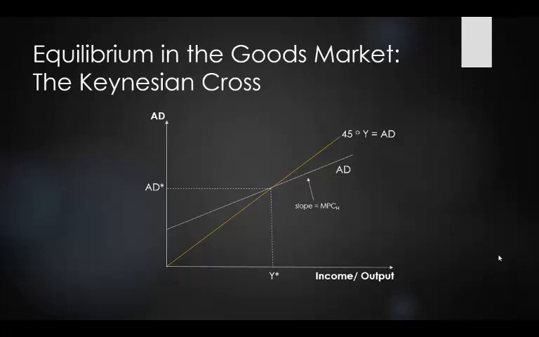The slope of the aggregate demand line is given by the MPCH. The equilibrium in this form occurs at the intersection of the AD line and the 45-degree line. At that point, actual levels of planned spending and output are equal.